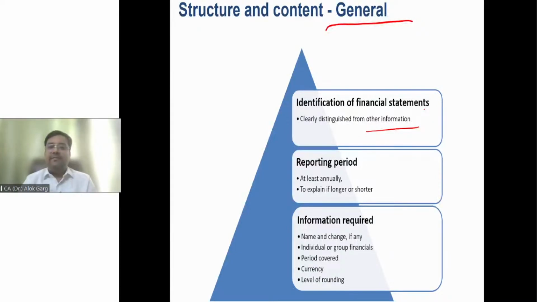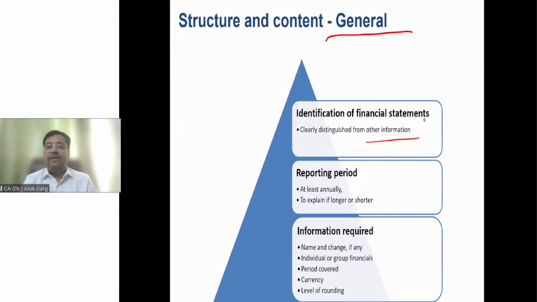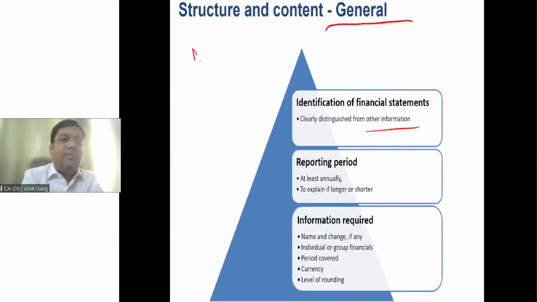Standard says that even if there is an annual report, right? In the annual report, there are a lot of items. You all agree? Can you tell me what are the items in the annual report?